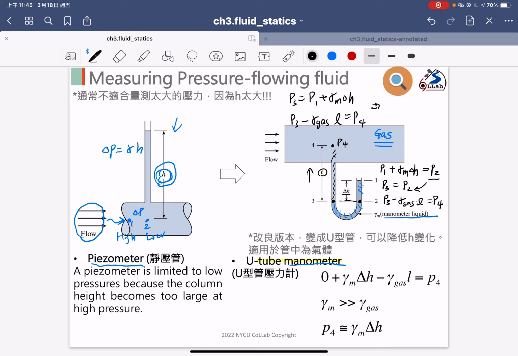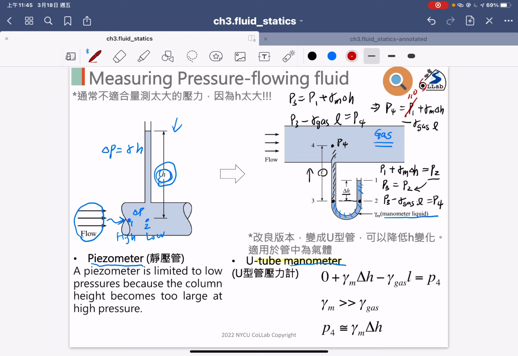So finally, P4 is equal to P1 plus gamma m delta H minus gamma gas L. Then the P1 we can cancel out because P1 is the environment, so that is equal to 0.